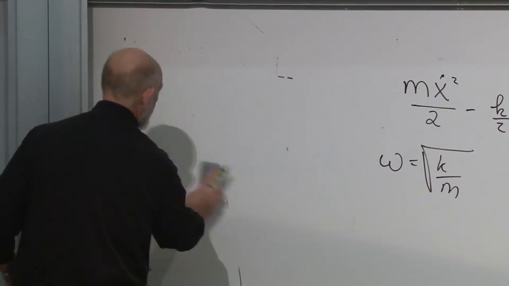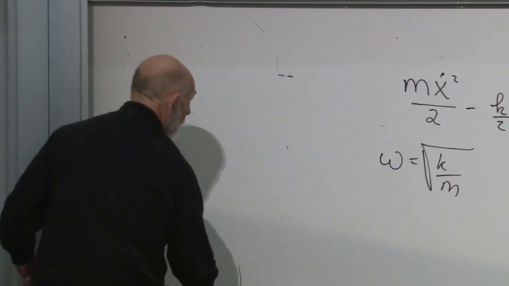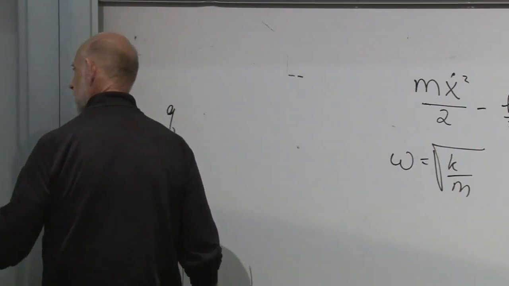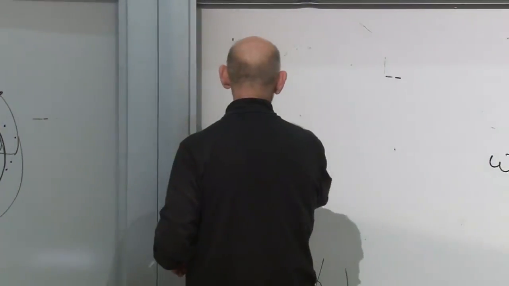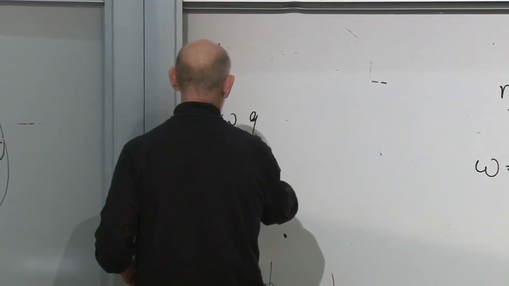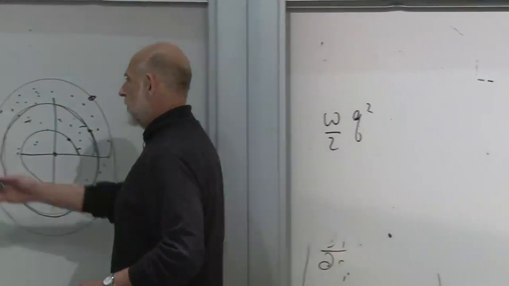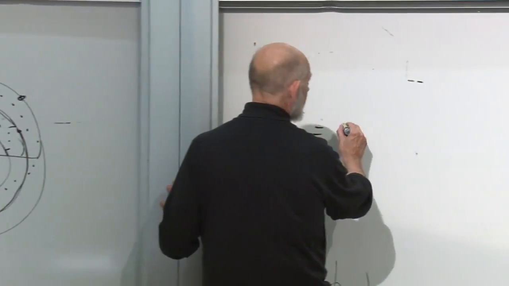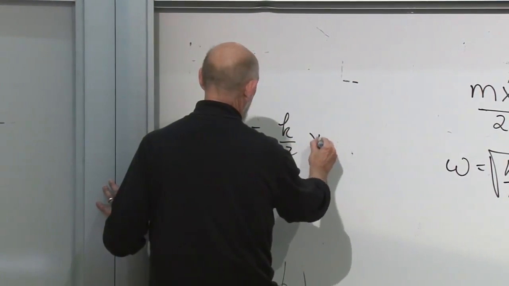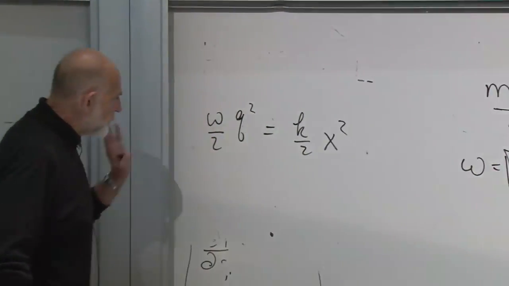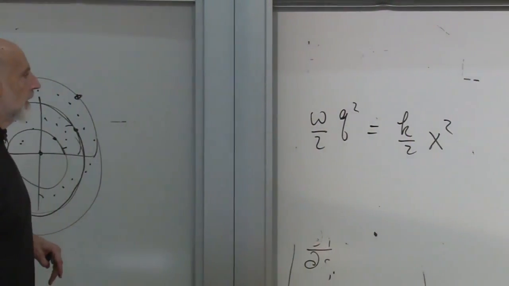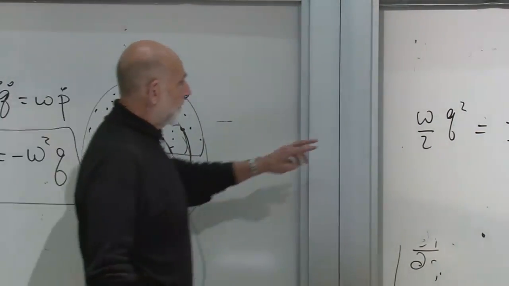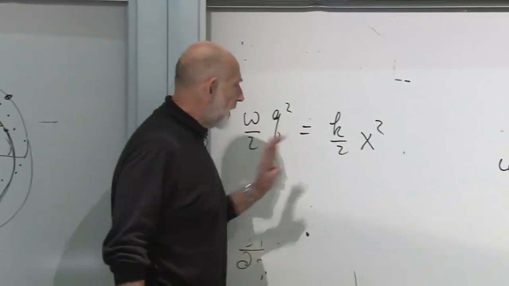I am going to define a Q so that omega over 2 Q squared, that's this term over here, the potential energy term, is equal to k over 2 x squared. This is the relationship between Q and x. I'm simply forcing omega over 2 Q squared to be k over 2 x squared.